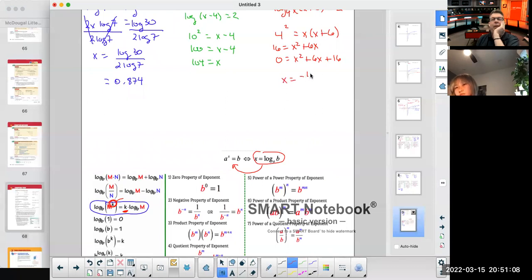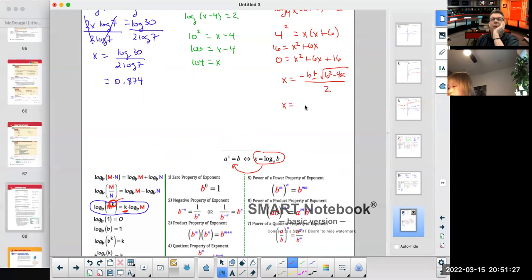x equals negative b plus or minus the square root of b squared minus, remember this one? I forgot what that was for a second. You okay now? Mm-hmm. Okay.